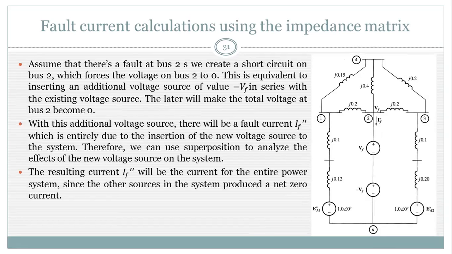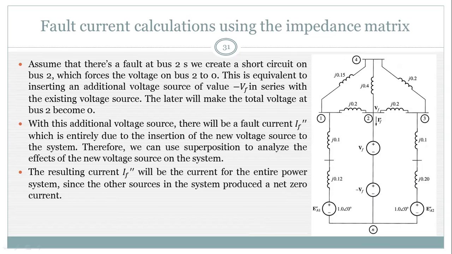Now, after the short circuit fault, we know the voltage of a short circuit bus is 0. To represent this, an opposite voltage source is added in series with the existing voltage source. It means that plus VF plus minus VF is equal to 0 volt.